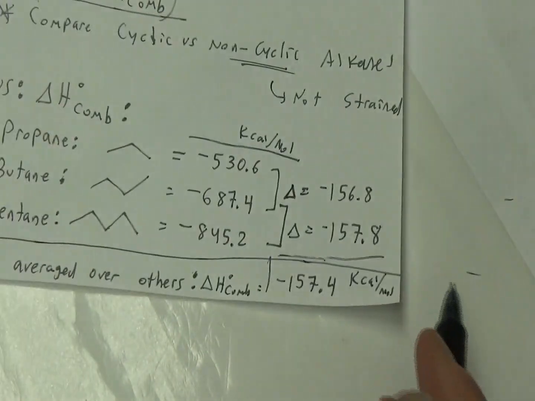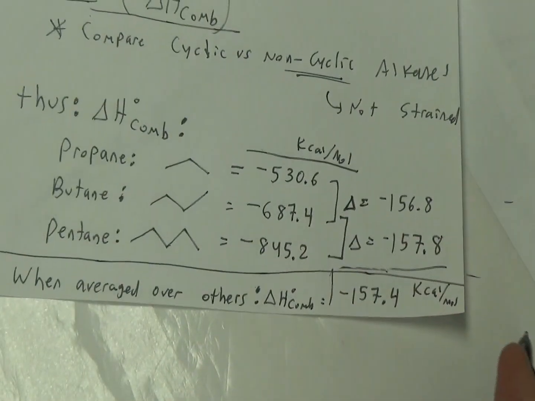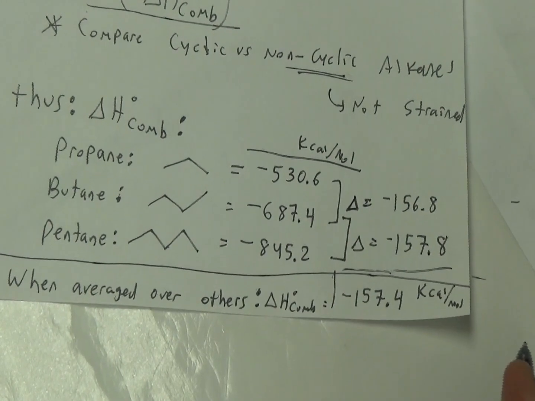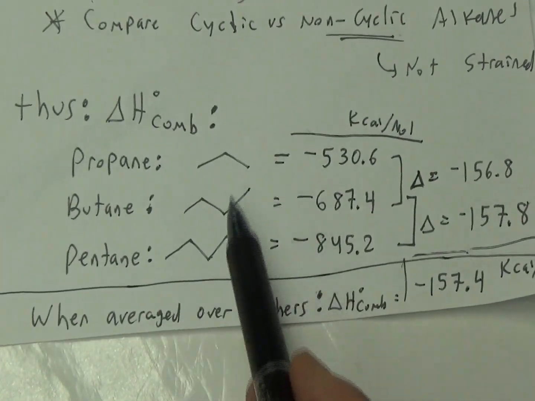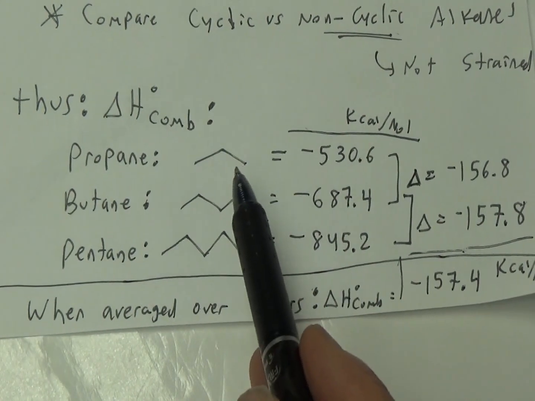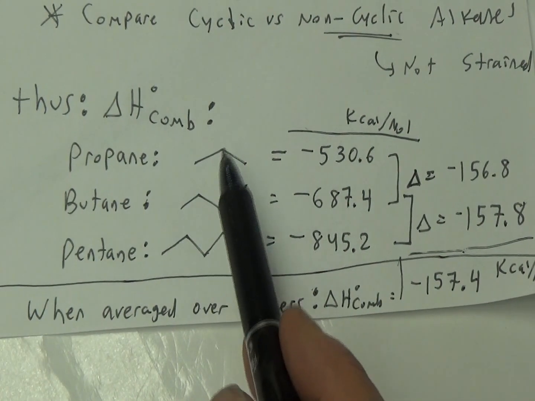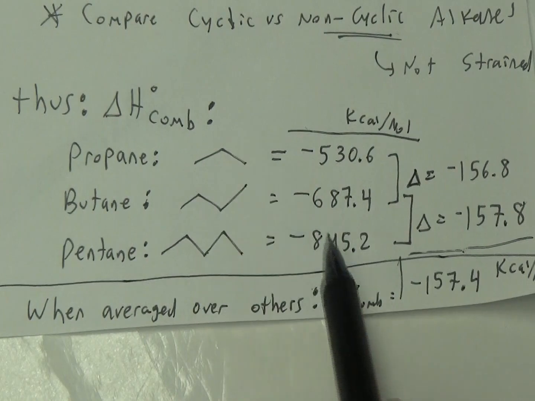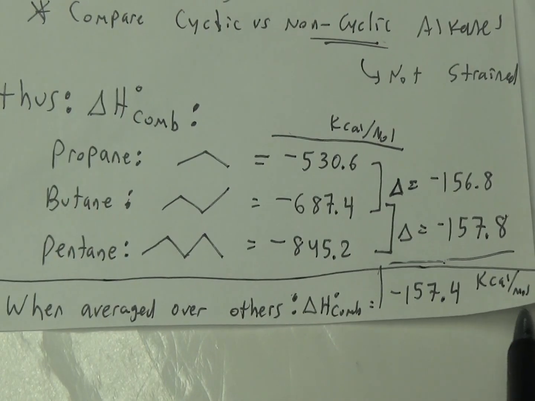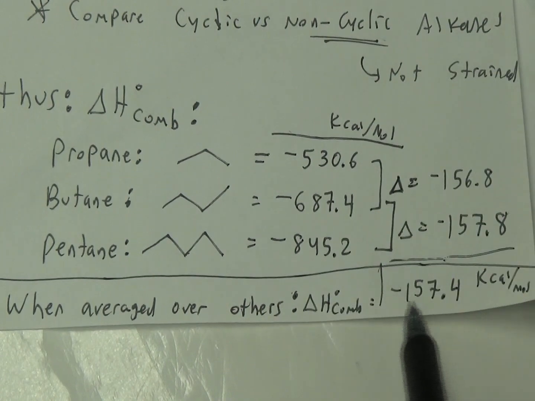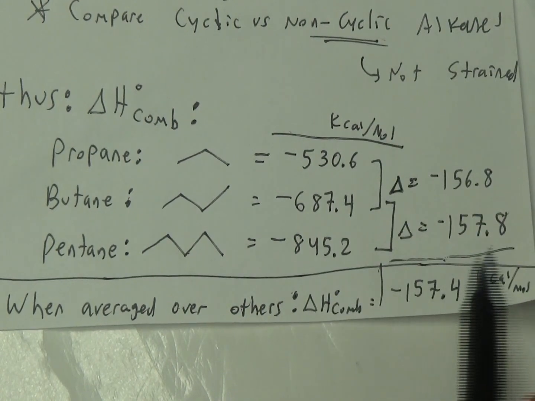Okay, so this is kind of where we're ending now. Over a large series of alkanes, if you average them, you get basically 157.4 kilocalories per mole. And that is just kind of a defined value per CH2.